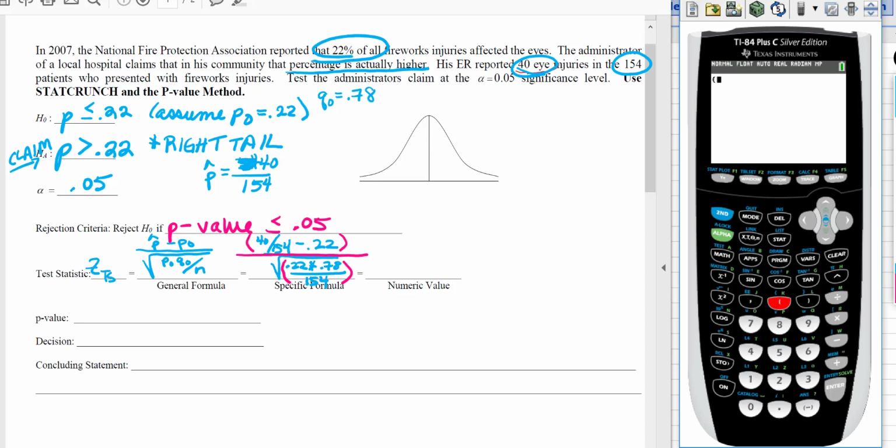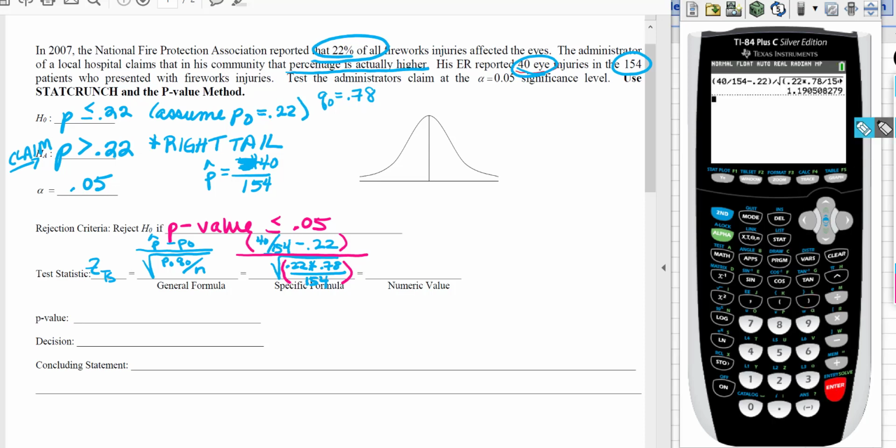So it's going to be 40 divided by 154. We're taking our sample proportion minus our claim proportion, notice the parentheses, divided by the square root, and I'm going to open my parentheses and type in what's underneath: 0.22 times 0.78 divided by 154, and close my parentheses, and then I can hit enter.